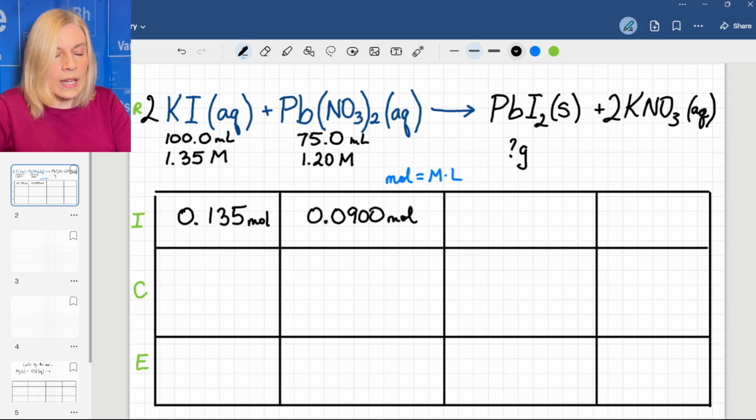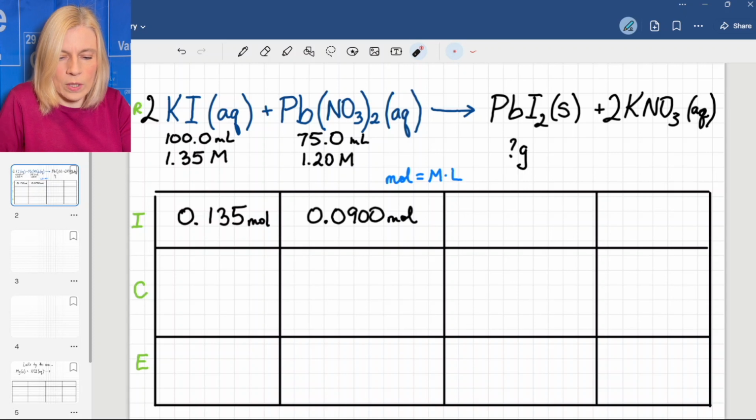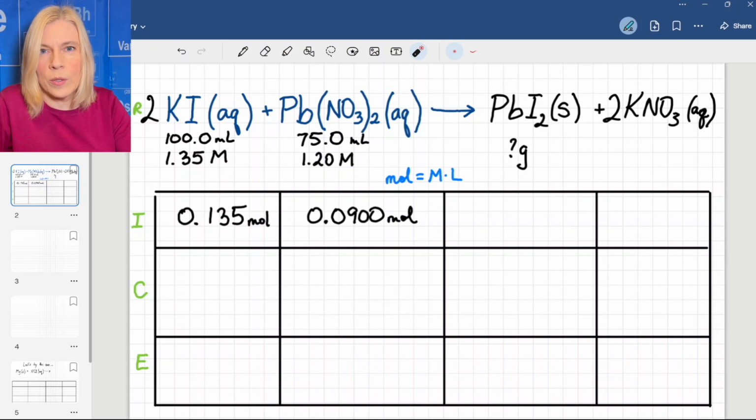Okay, now we have to determine our limiting reactant. So I need you to look here. I have a 2 to 1. There's a 1 here, yes, it's implied. I have a 2 to 1 mole to mole ratio. And that means that for every 1 mole of lead 2 nitrate, I'm going to use up 2 moles of potassium iodide. So if I have 0.09 moles of lead nitrate, I need double that of potassium iodide.